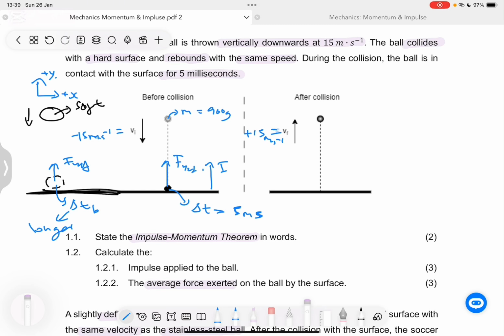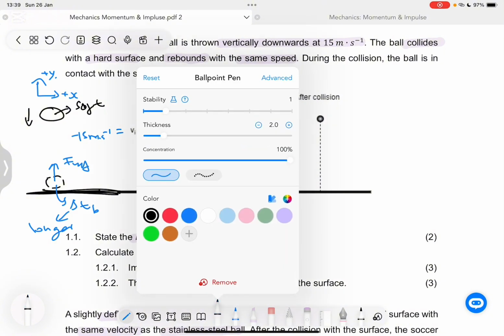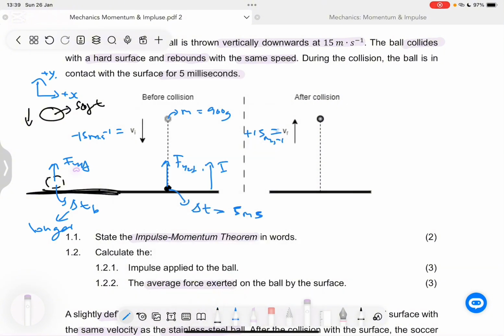It will take time to be in contact with the surface. Very important to observe that. And they say to us that this ball, after it experiences this force, will be good enough to make the ball go upwards. So the ball will then go upwards here with some velocity there.